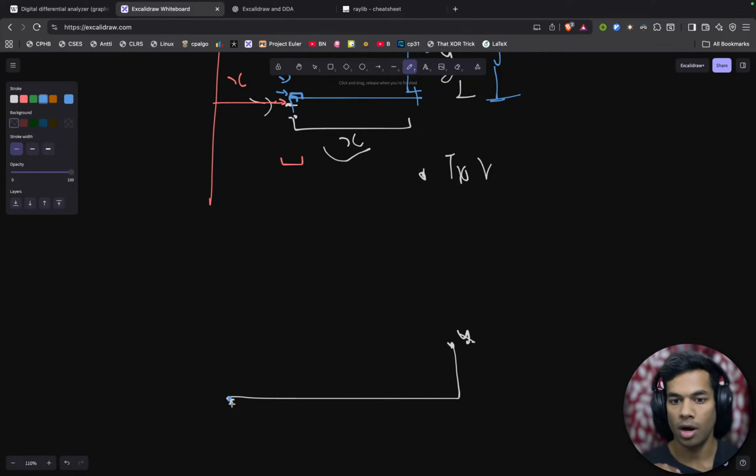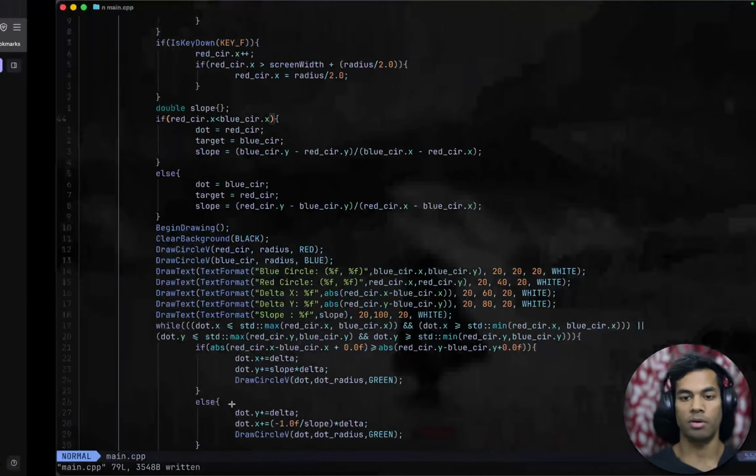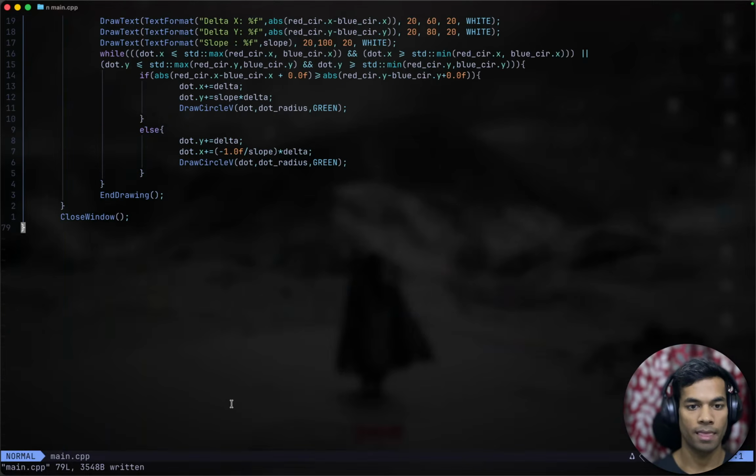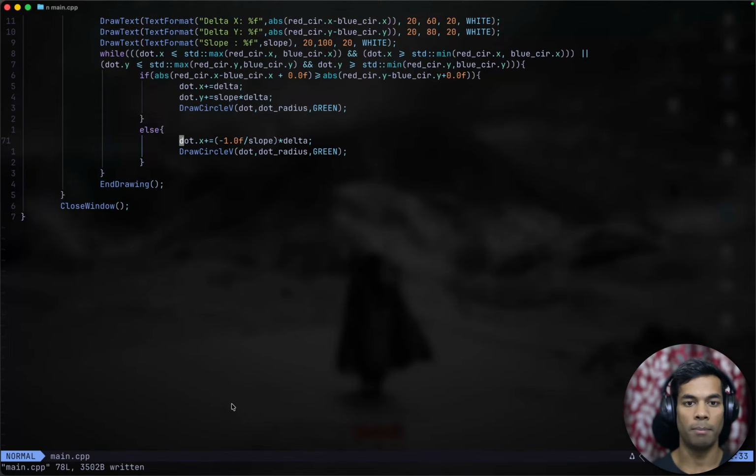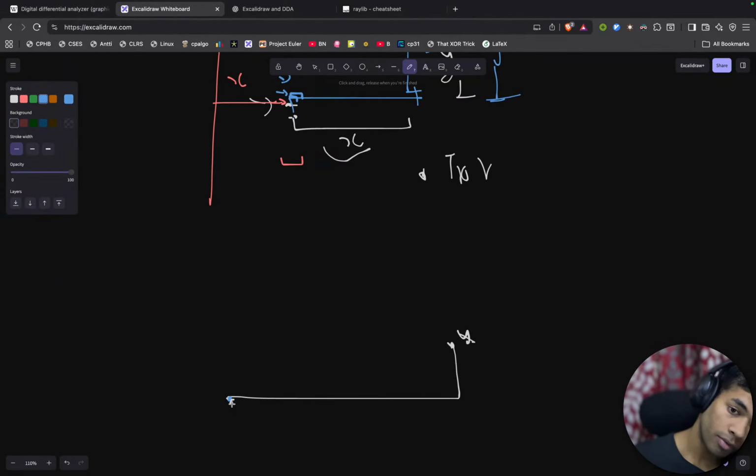We have to go up, which makes sense. Let's fix that. So we cannot just blindly add the delta, depending on where the target is.